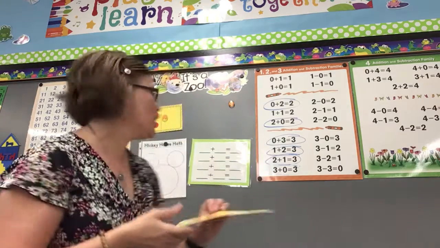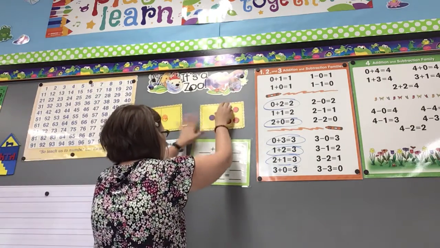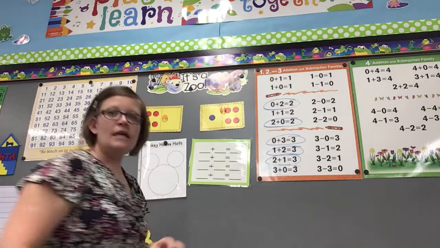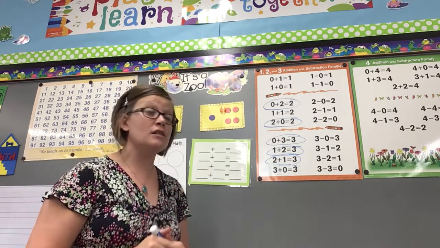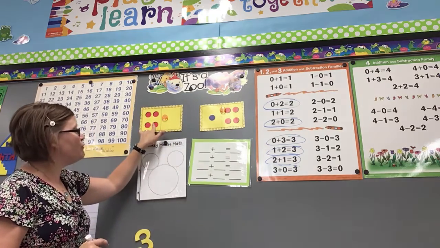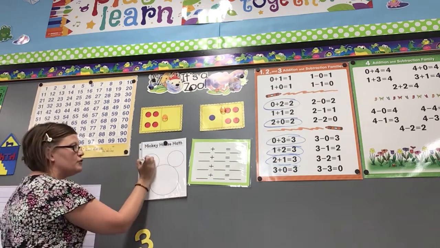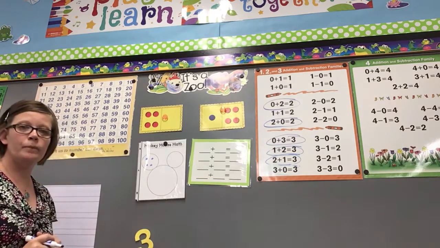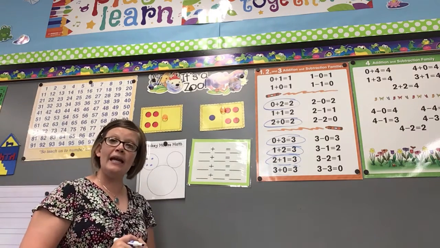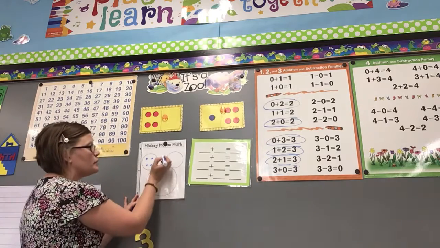Okay, take out your marker. Now, for our Mickey Mouse Math, we're going to make his ears look like our dot cards. So my number sentence is 4. So on his left ear, draw 4 dots. 1, 2, 3, 4. Now, when we're adding, the sign we use is called a plus sign.